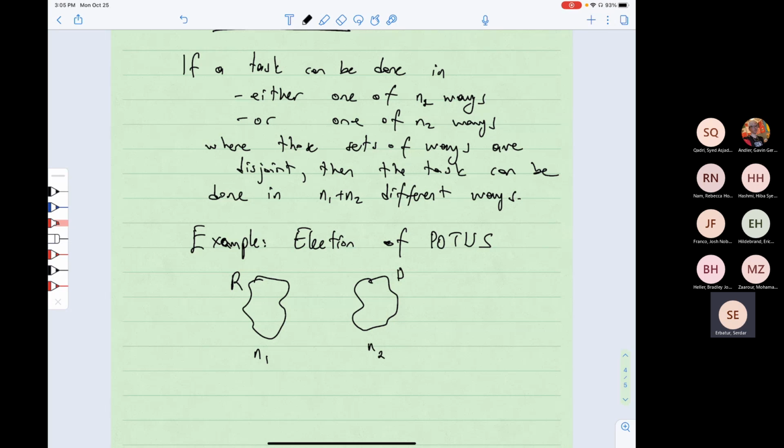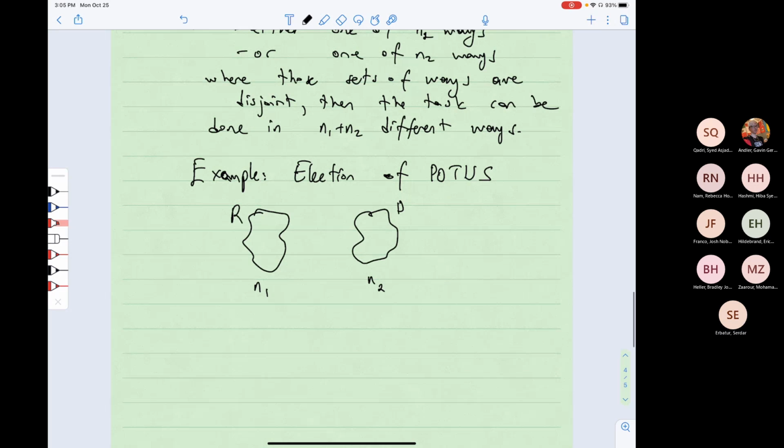That has a technical name, but I always forget it. So then people in the US would know that one of these n1 plus n2 candidates for candidacy will be president at the end of the marathon. Isn't it true? And of course, we make an assumption here that a person cannot be a candidate in both sets, right? No person becomes the candidate of both Democrats and Republicans, for instance.